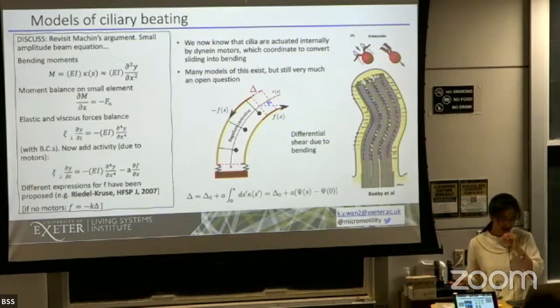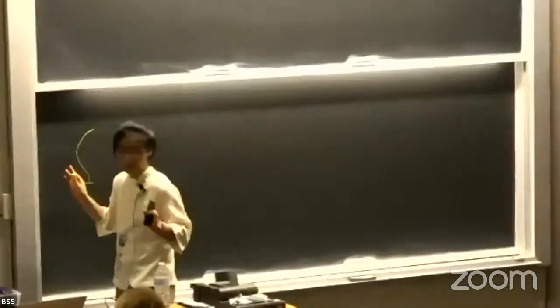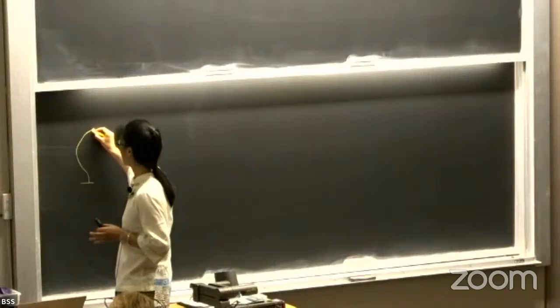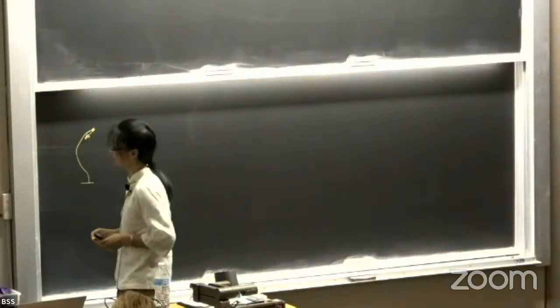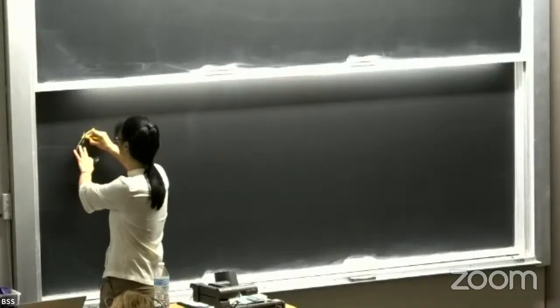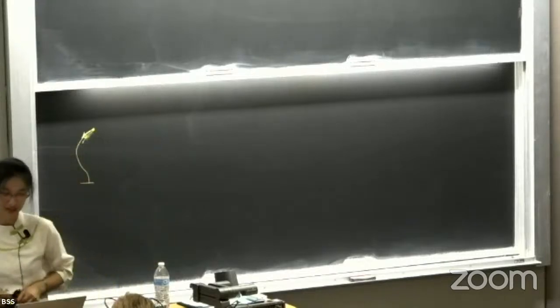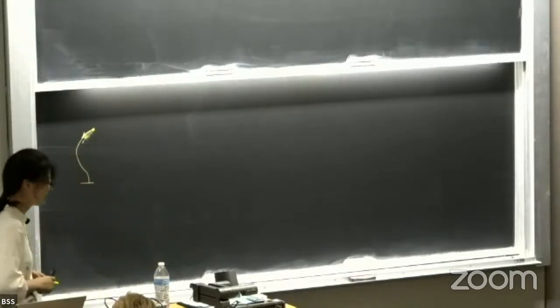For example, you don't have a slide for this, but there's also a class of models where you imagine you have a filament which is mostly passive, except for some sort of a follower force. This really should be directed tangentially along the tip of the hypothetical filament.